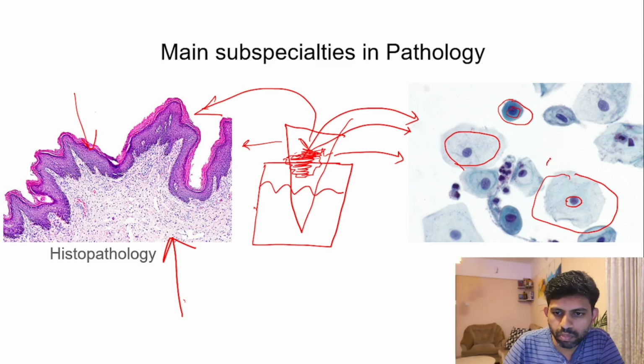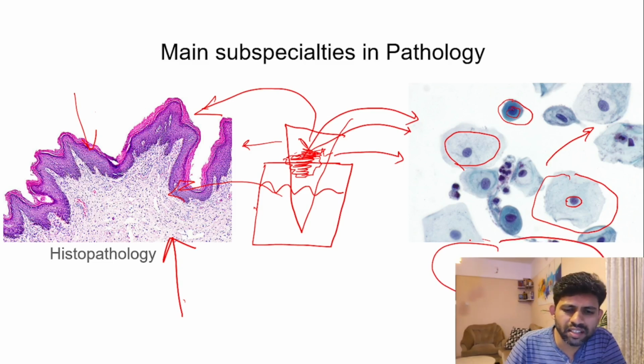So by looking at these cells, if a pathologist can give a diagnosis, it will be easier for the patient, but probably when you give a diagnosis based on single cells, diagnosis may not be as accurate as histopathology, but it will be in many cases adequate enough for the clinician to go ahead with management. So that is called cytopathology, when you study individual cells.